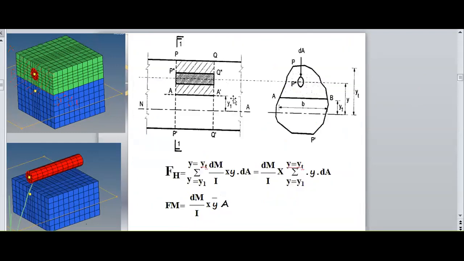So this is the diagram, a small diagram for understanding. This is the fiber, and this is the area.